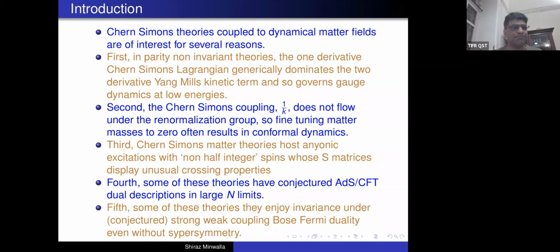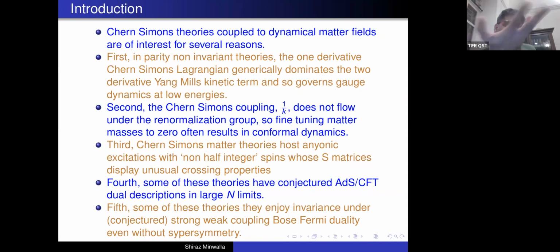So point 3 was basically to say that theories of Chern-Simons fields coupled to matter degrees of freedom are interesting because they display novel physics, physics that is not so familiar, and that makes them interesting.